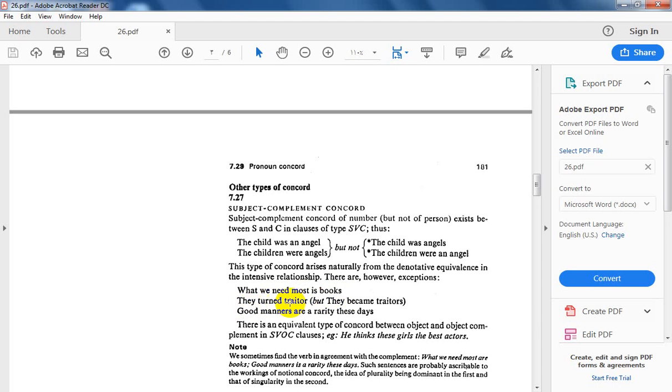They turned traitor: they is plural but traitor is singular. Here we would say they became traitors. Good manners are a rarity these days. These are exceptions, something idiomatic.